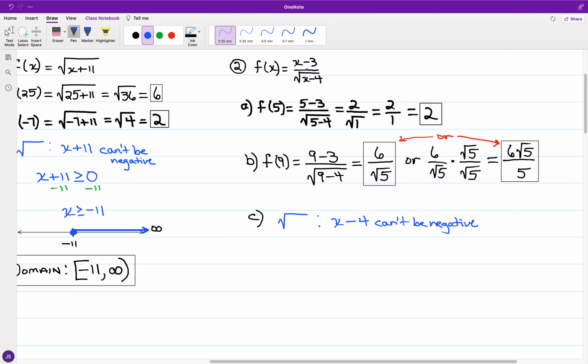And because x minus 4 is in the bottom part of the overall fraction, x minus 4 cannot be equal to 0. So x minus 4 cannot be negative, it cannot be 0, so this signifies that x minus 4 must be positive.